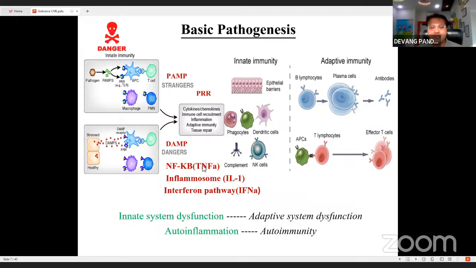Why have I mentioned this? Because this is very important for the therapeutic implications. If the system is not treated here, then it will affect adaptive immunity, and this whole scenario will become permanent, and patients will come at a very late stage with some irreversible damage.